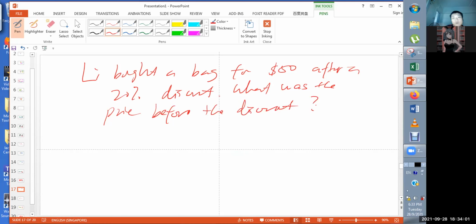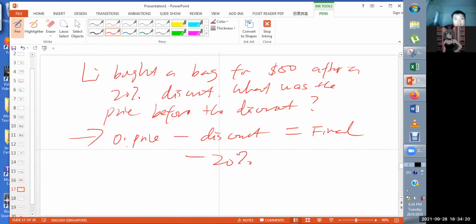Okay, so over here, the logic is the original price, old price, minus the discount. Why minus? Because discount is minus, not plus. So you will get the final price, right? So the discount is for 20% here. Original is always 100%, so that means the final price is 80% in this case. So far, so good?